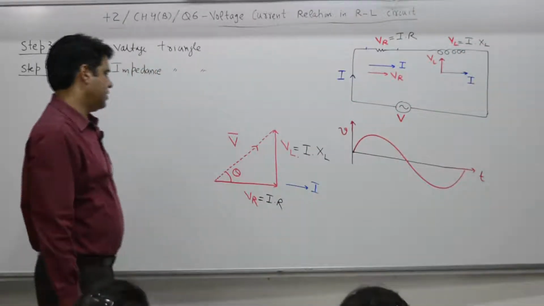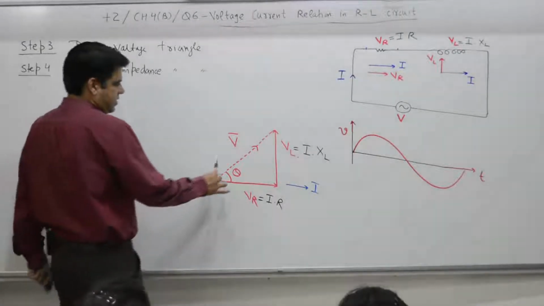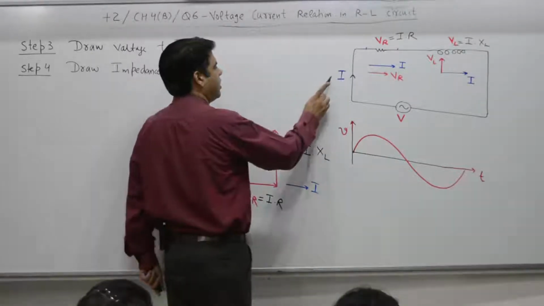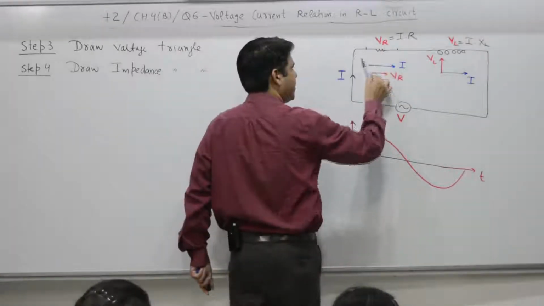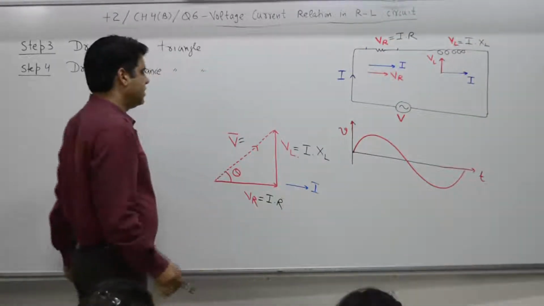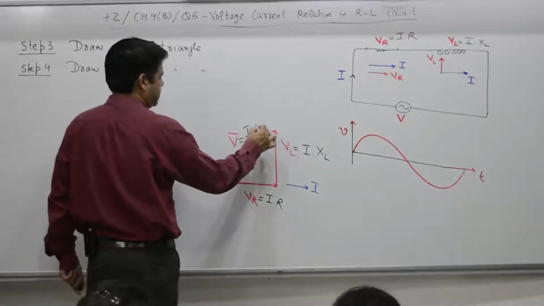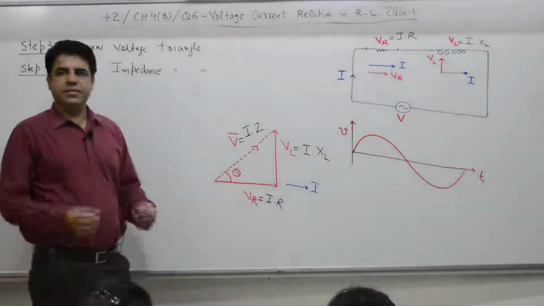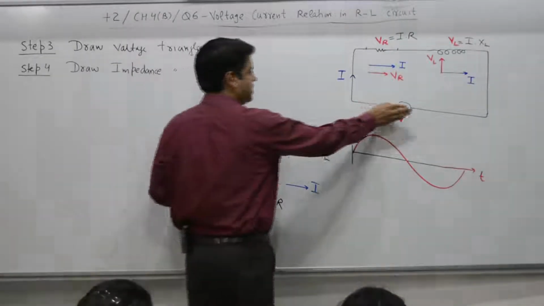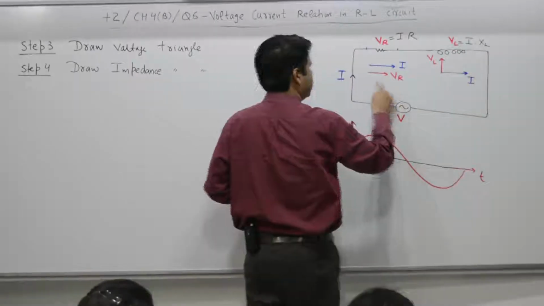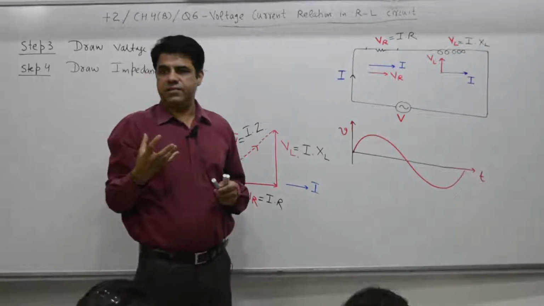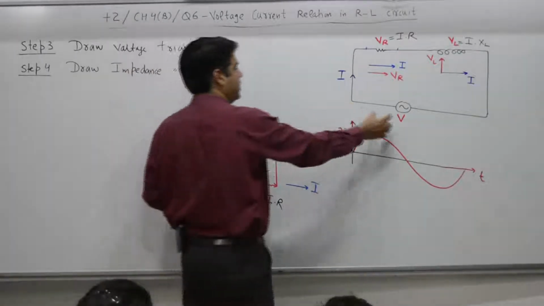And V, the total voltage applied, with total current flowing, and the opposition offered by the whole electrical circuit, a combination of resistance, inductance and capacitance, is termed as Z, so V is IZ. This total opposition given is known as impedance, Z. So, V is equal to I into Z.